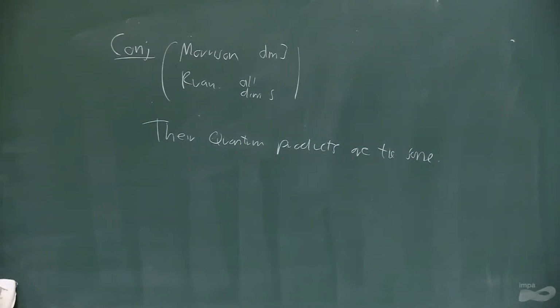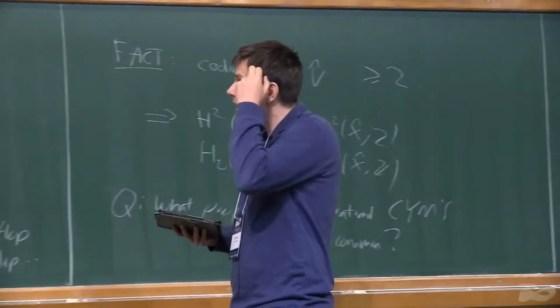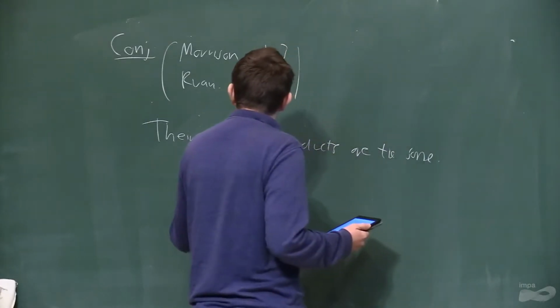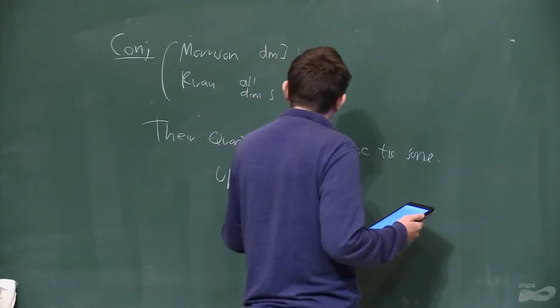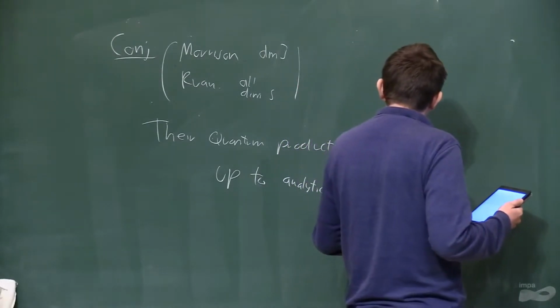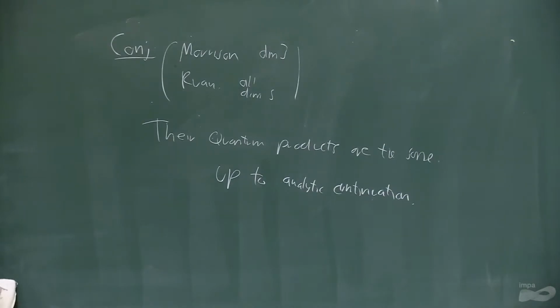So your quantum product is a sort of deformation of the cup product. If you add these sorts of correction terms, then suddenly they become the same again, up to analytic continuation. So you might have some sort of power series, and you have to identify them in some way.